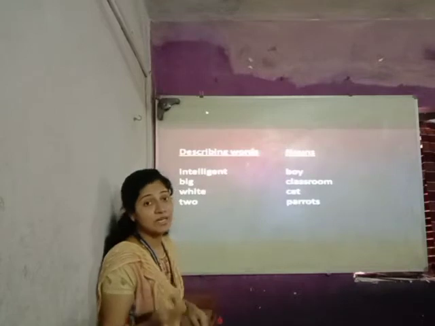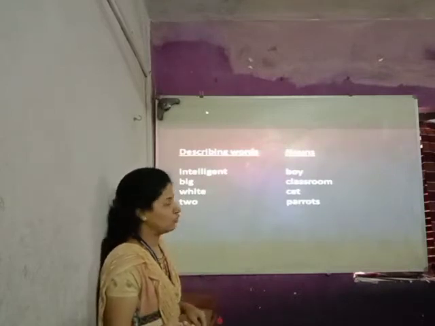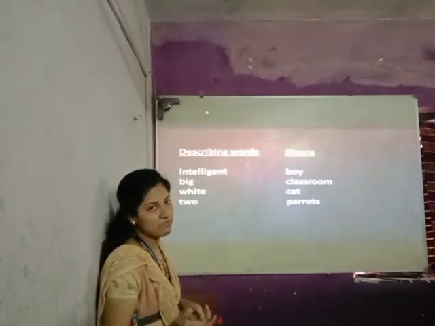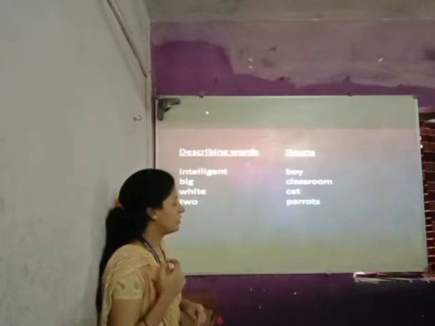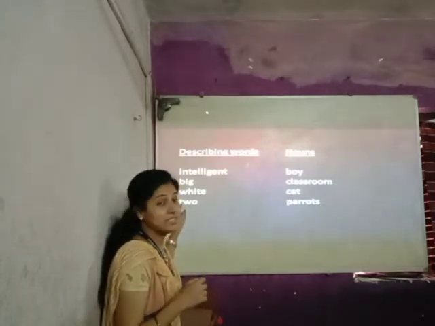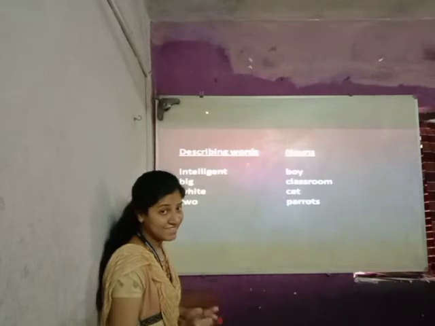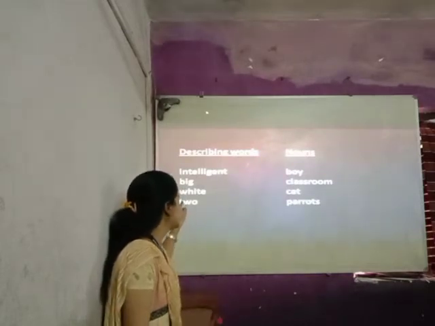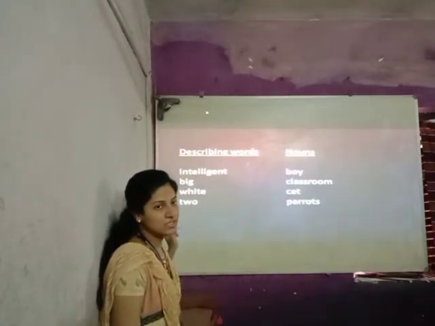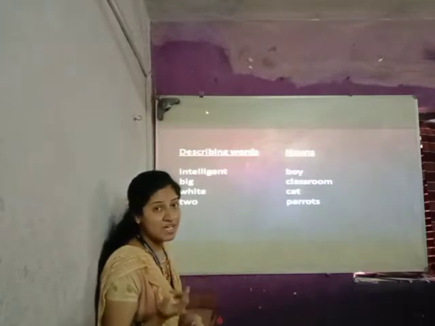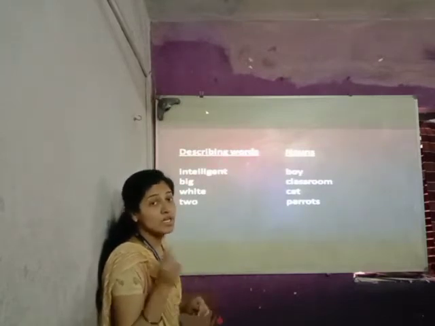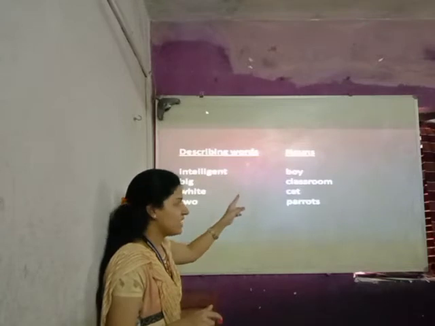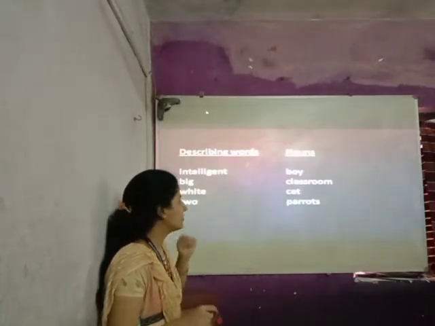It describes the classroom. So classroom is a naming word or noun. Here, it is a white cat. In that sentence, white is a describing word because it tells about the color of the cat. So, cat is a naming word or noun.